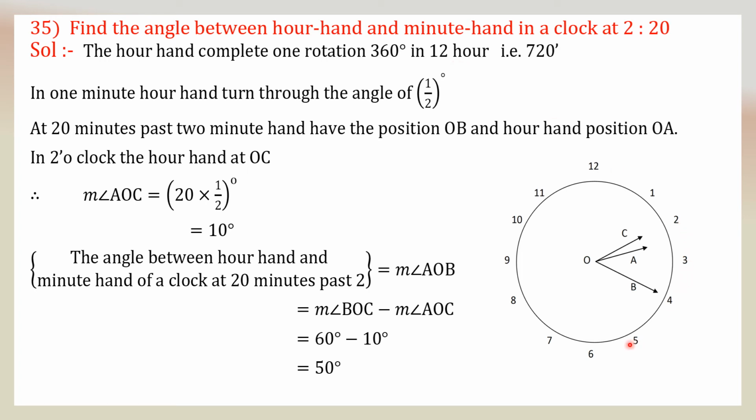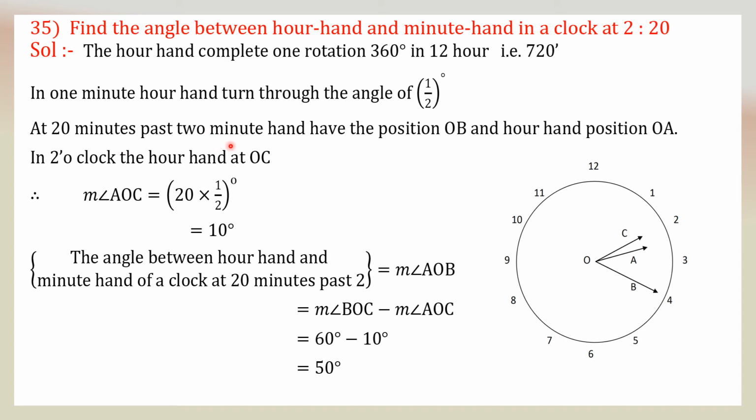Here is 1 hour, 2 hour, 3 hour, total 12 hours. 1 hour means 60 minutes, therefore 12 hours means 720 minutes. In 1 minute, the hour hand turns through an angle of 360 degrees divided by 720, that is 1 divided by 2 degree.